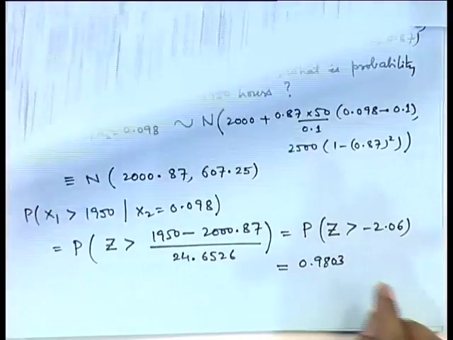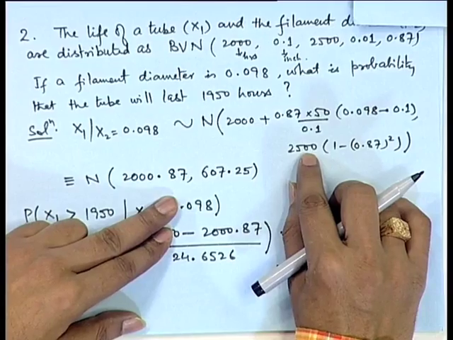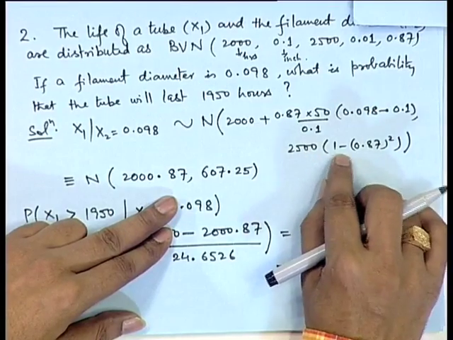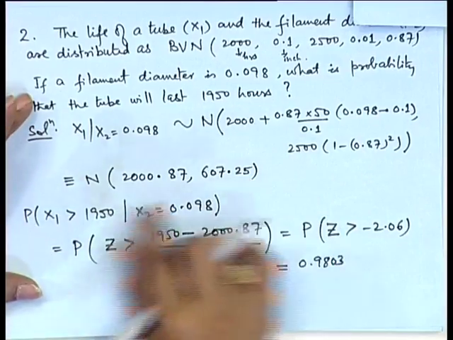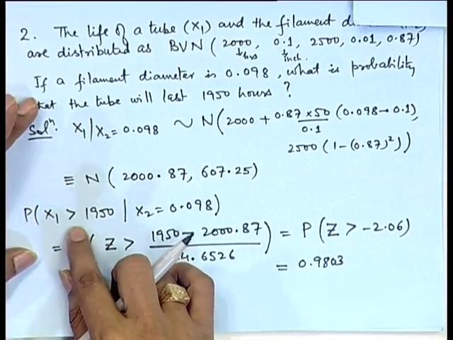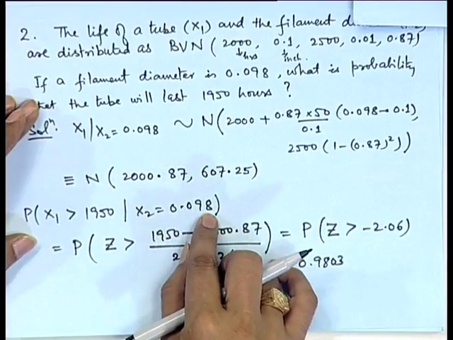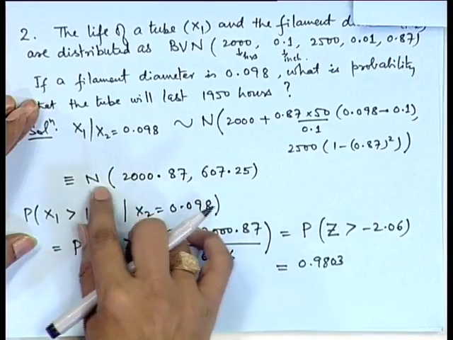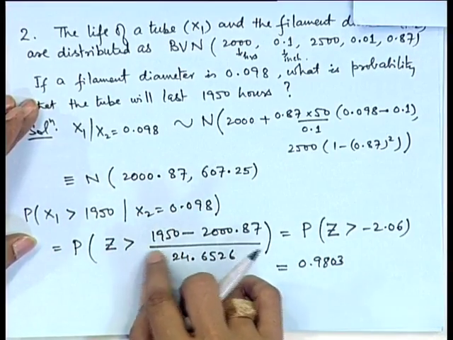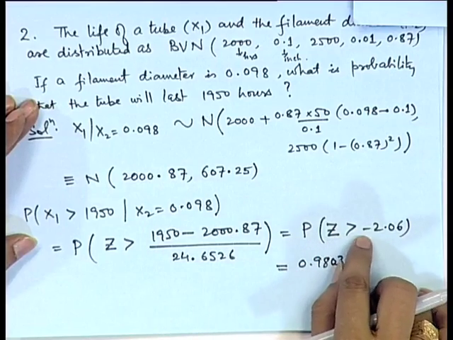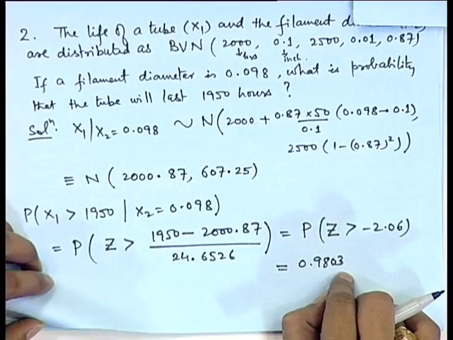After simplification this turns out to be 2000.87 and the variance is sigma 1 square into 1 minus rho square, which is equal to 607.25. So, the conditional probability of x 1 greater than 1950 given that x 2 is equal to 0.098 can be calculated using this univariate normal distribution. After transformation to standard normal we get the probability of z greater than minus 2.06, which is evaluated as 0.9803.